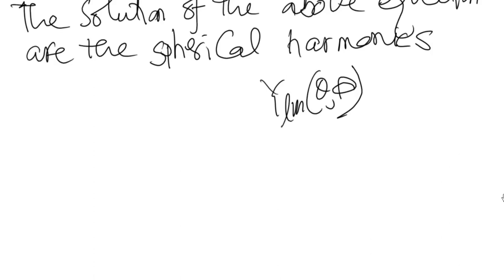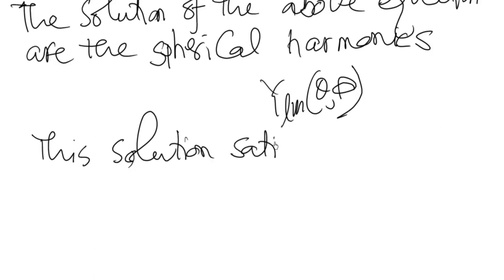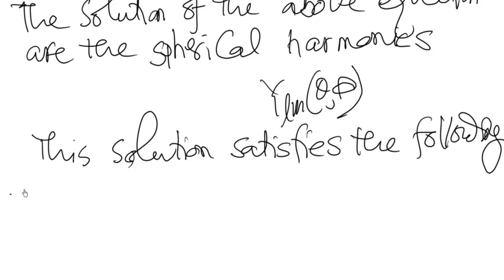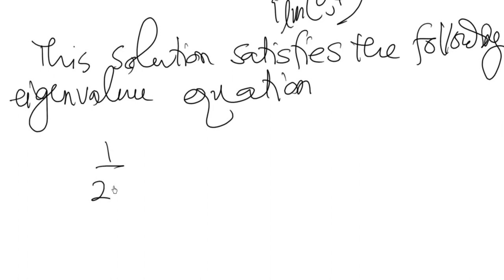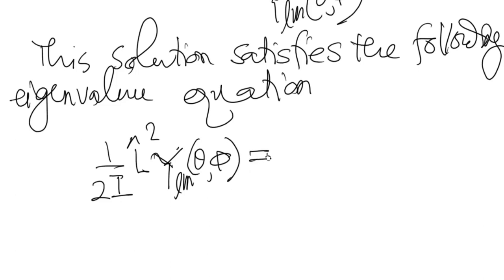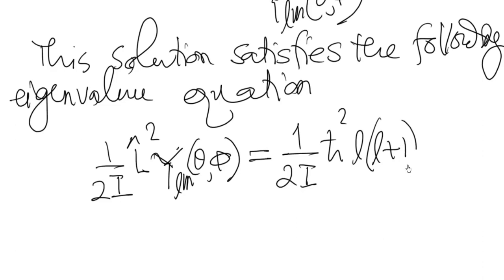The solutions satisfy the eigenvalue equation: 1 by twice I, and that one was capital L squared, so it's h bar squared L into L plus 1 times Y L M of theta phi.